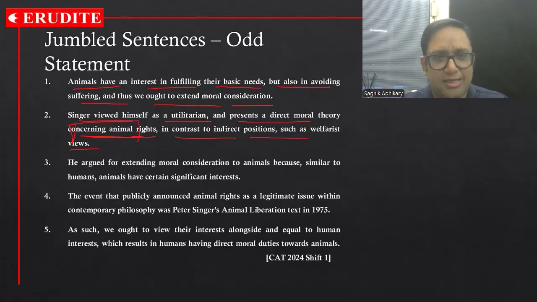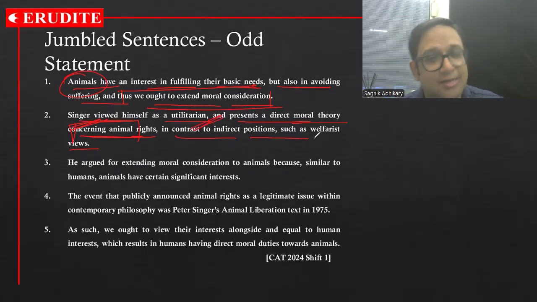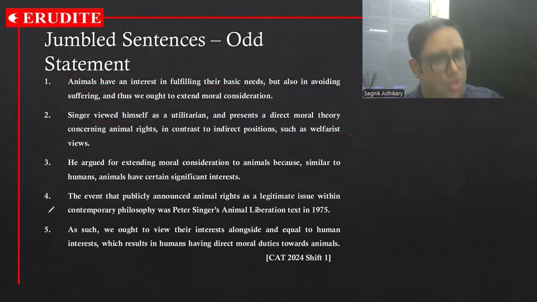We're talking about a moral theory concerning animal rights, and we are talking about extending moral consideration to animals. So in that way these two may be connected. But here we are not only talking about Singer, but also about his identity as a utilitarian, in contrast to positions such as the welfarist views. So we might actually have two as the odd statement.